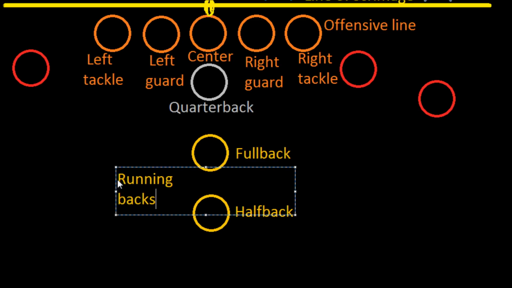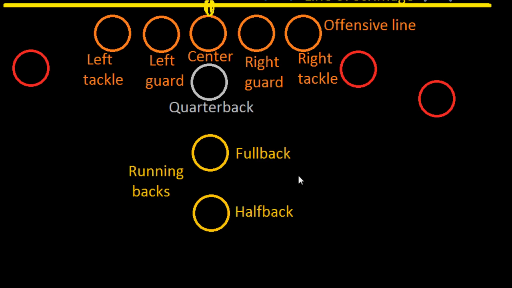So either way, these guys are considered running backs. And so if the quarterback does decide to hand the ball off, he will turn around with the ball and hand it off. Usually it can be to either guy, and typically though it will be to the halfback, and he will run with the ball.